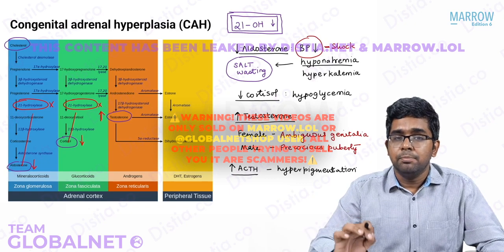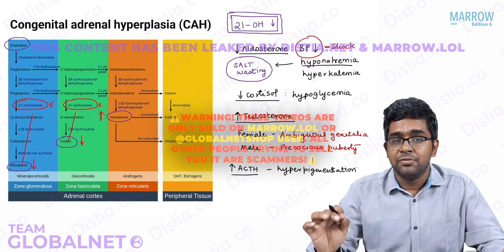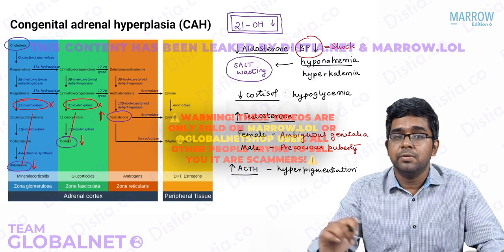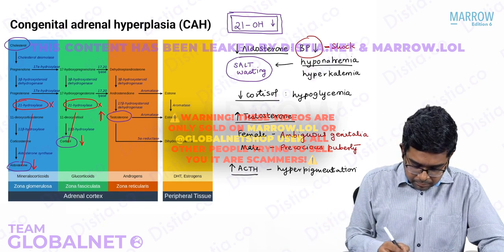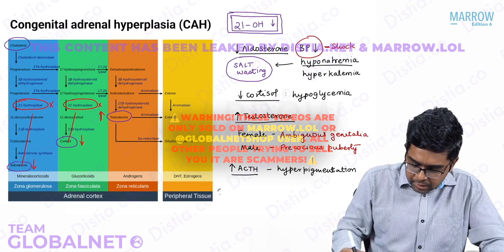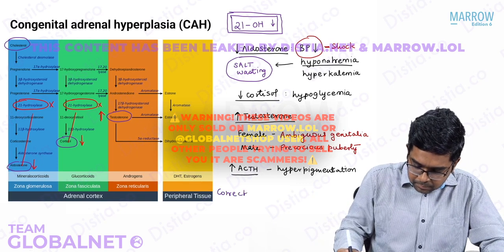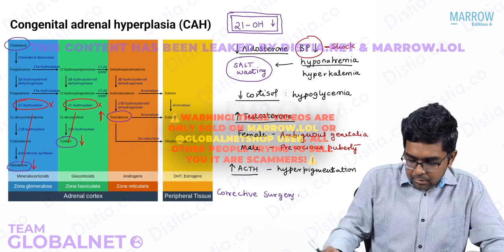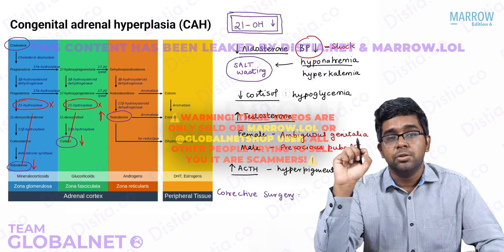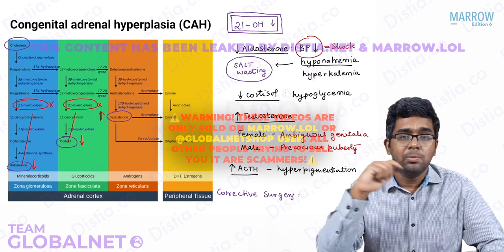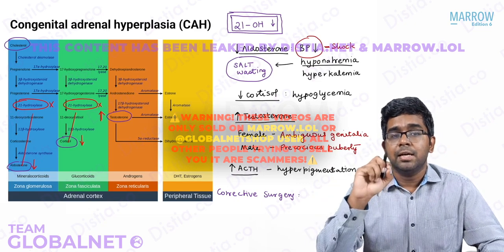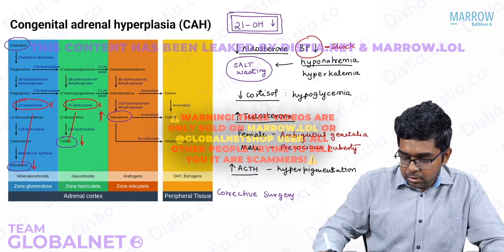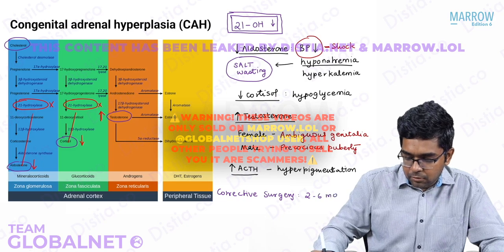Now, an important point in the management is that female children have ambiguous genitalia. So for them, you need to do corrective surgery. For example, in female children, the clitoris can be unusually enlarged. So you have to do clitoroplasty. And the usual timing at which clitoroplasty is done is between 2 to 6 months of age.